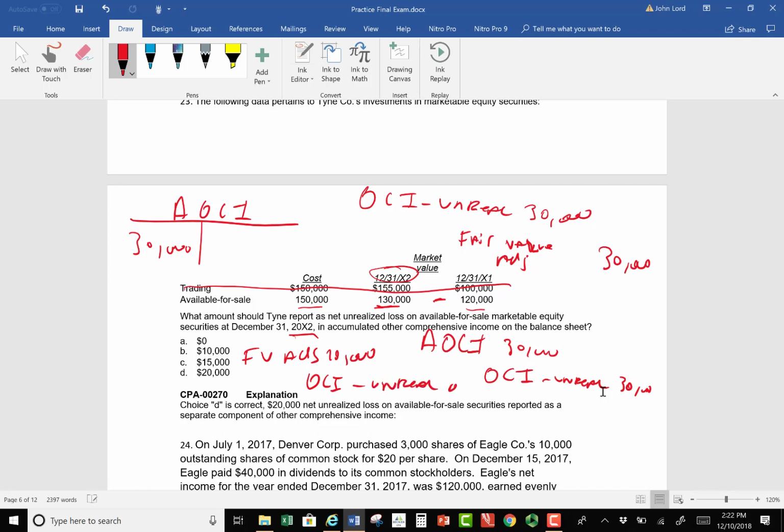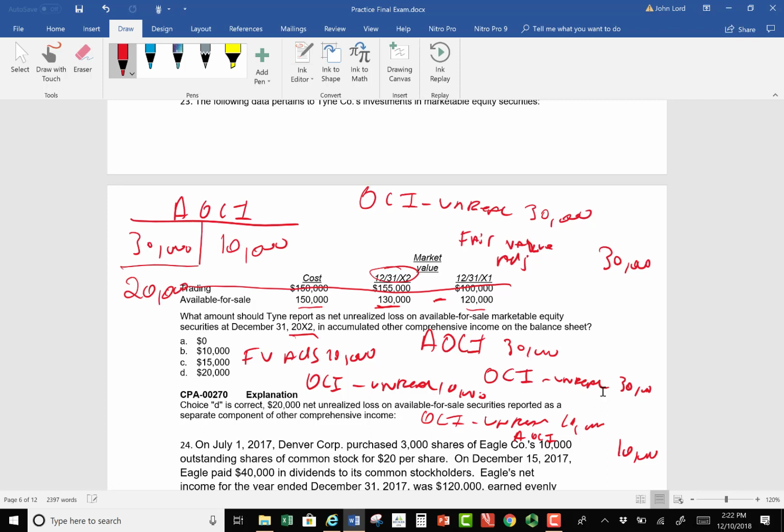For 10,000. Then I close that. So I debit OCI unrealized for 10,000 and I credit accumulated OCI for 10,000. And when I credit accumulated OCI for 10,000, now the balance is what?